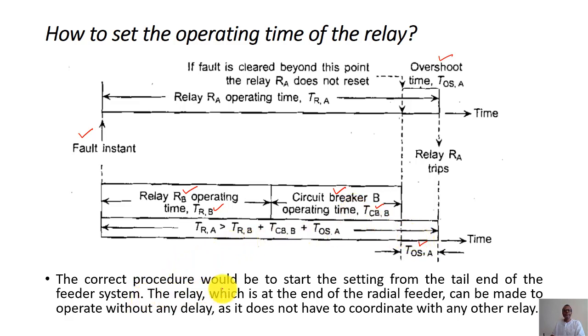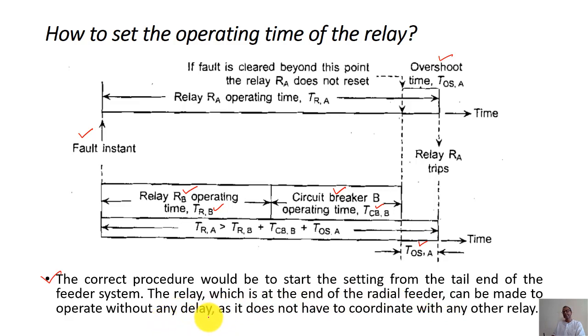So the correct procedure would be to start the setting from the tail end, right? At the tail end of the feeder we have relay B. Therefore we start the setting from relay B, and the relay which is at the end of the radial feeder can be made to operate without any delay.